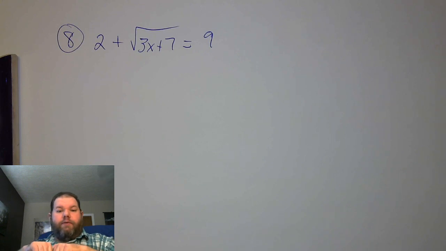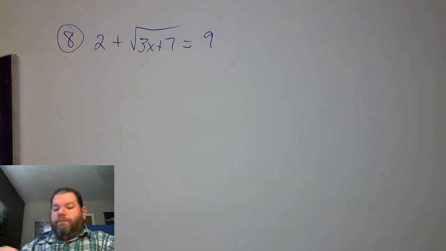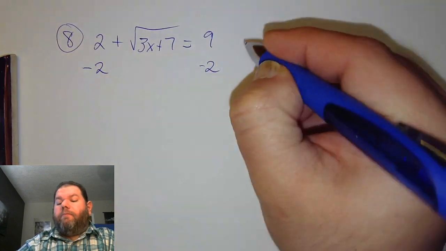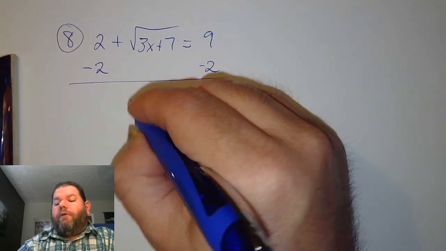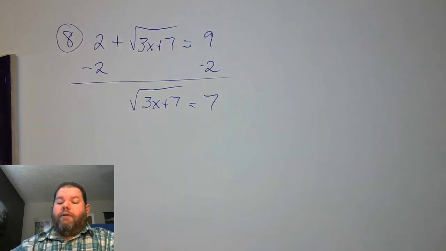Our goal is to solve for x, as always. Let's subtract the 2. So we have square root of 3x plus 7 equals 7.